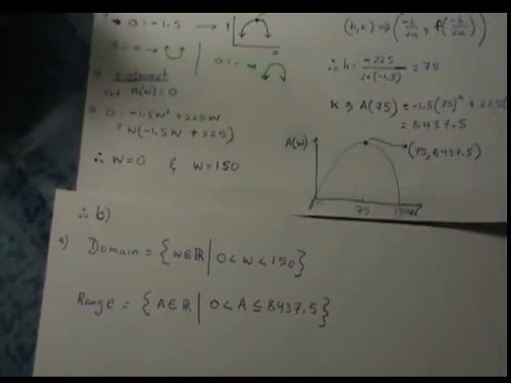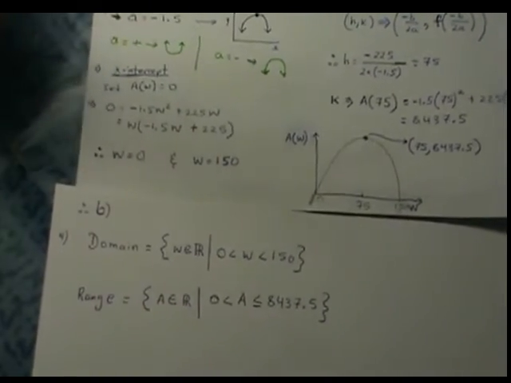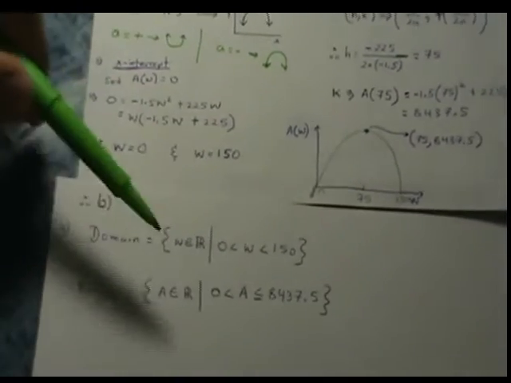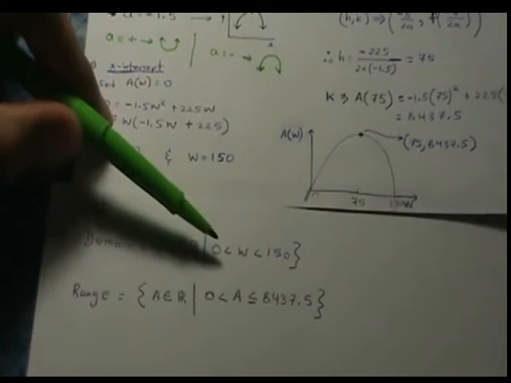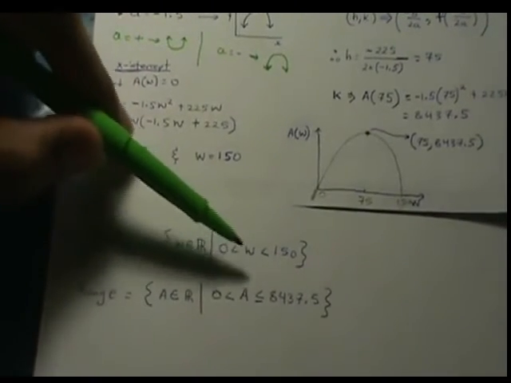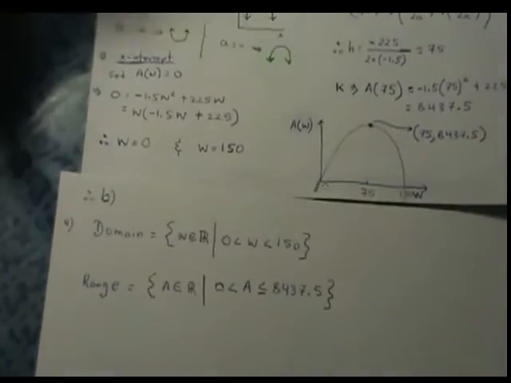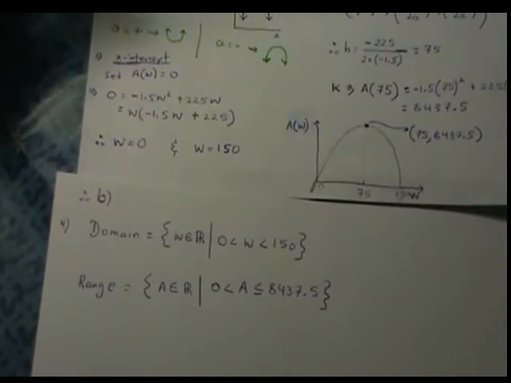So that can't be possible. You can't really have something that has an area of 0. So that's why here it's greater than and then less than, not less than or equal to or greater than or equal to.